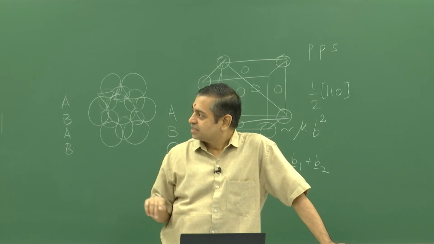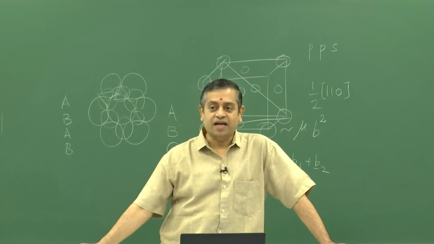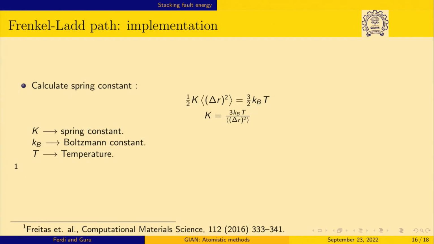Okay, so how is the spring constant calculated? Yesterday also you told me, F equal to kx. The Einstein crystal is harmonic, so half k del r squared is equal to 3 by 2 kBT, that is the equipartition. So, you know the k.